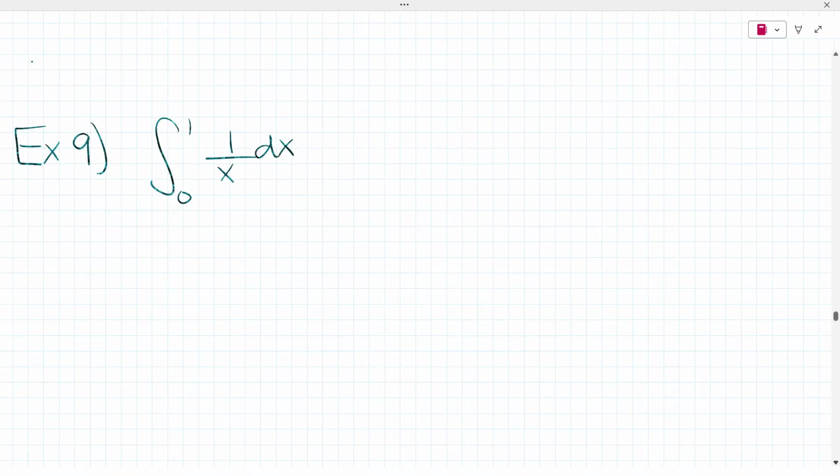So x can be any number besides 0. You know what a 1 over x graph looks like. It looks like this. Here's your x, here's your y. Vertical asymptote, horizontal asymptote, and then it looks like this.